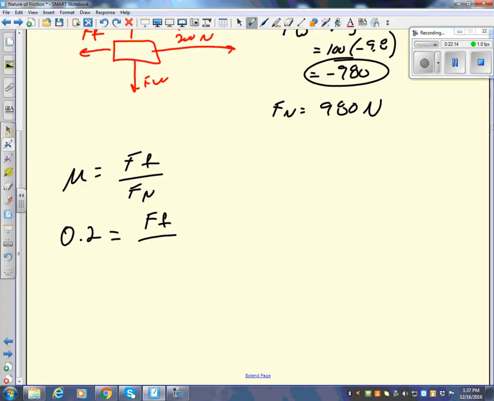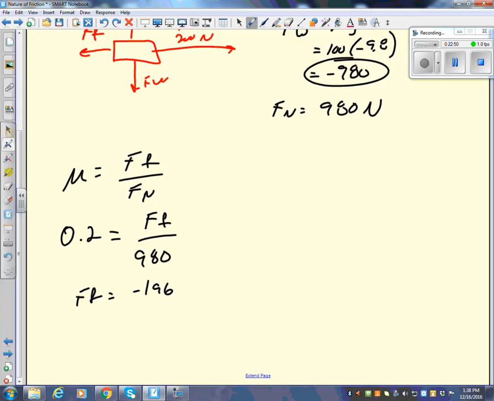I'm solving for FF. My Fn I've just figured out to be 980. And how do you solve this? Multiply both sides by 980. Yeah, 196. Take 980 times 0.2, that's right. 196. But it's negative because it's to the left.